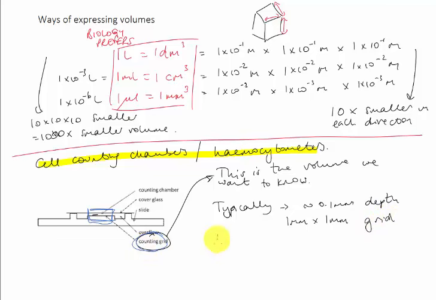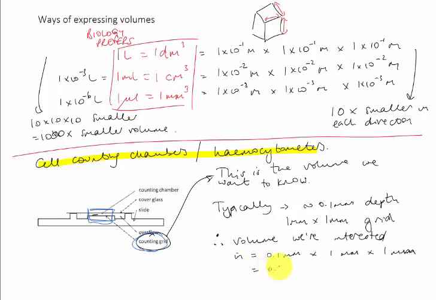So therefore the volume that contains the cells we're interested in is 0.1 millimeter times 1 millimeter times 1 millimeter.